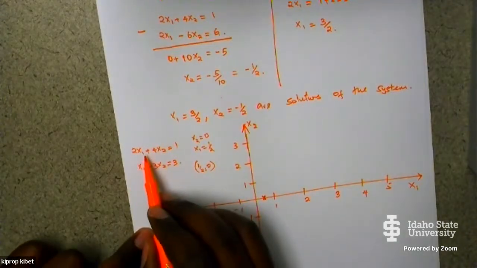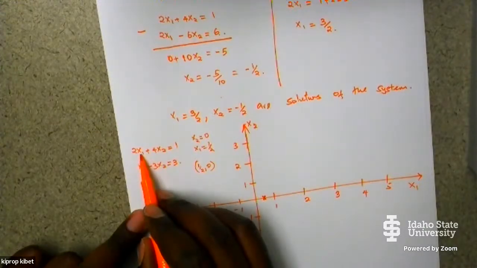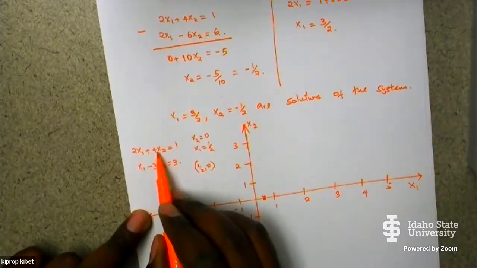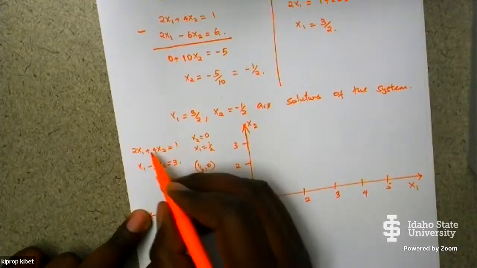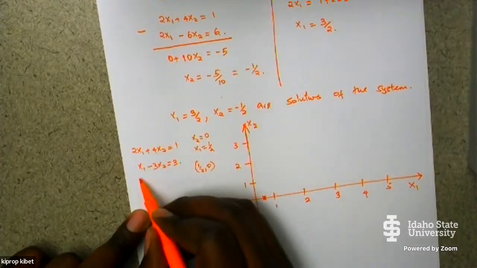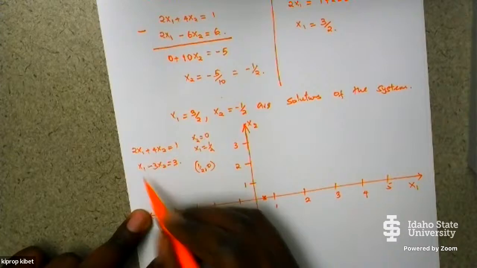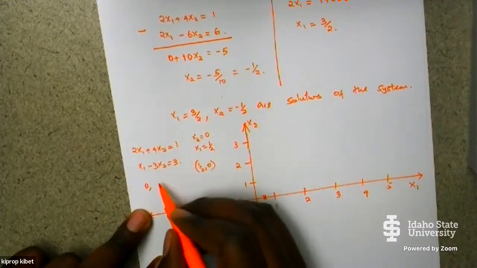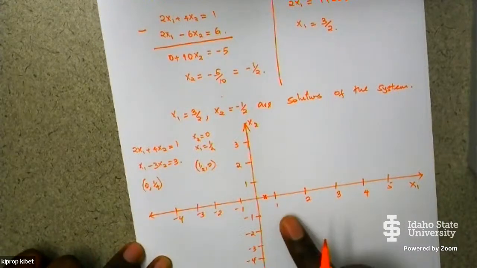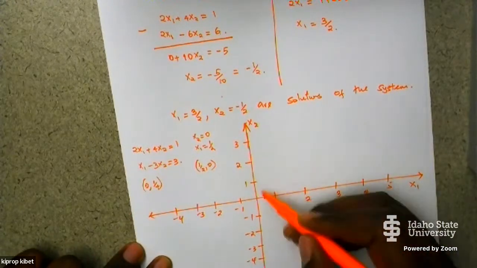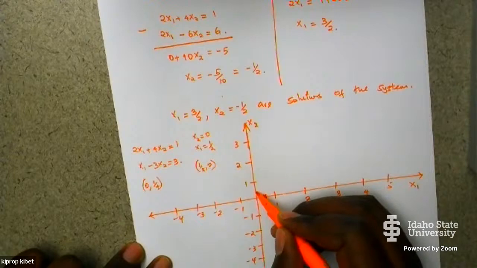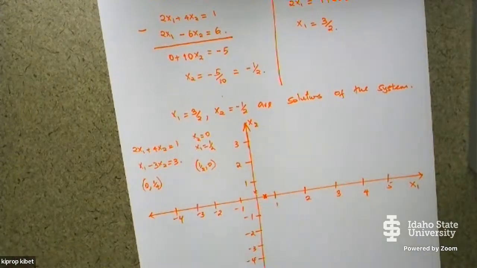Now, when x1 is 0, then x2 is 1 over 4. Let's say it's there, somewhere there.